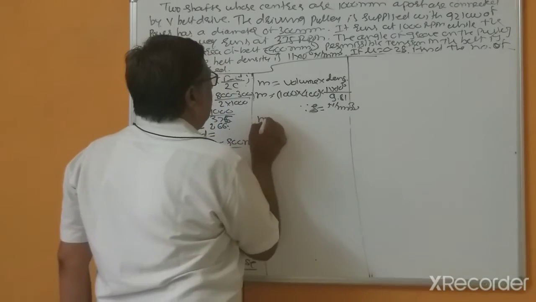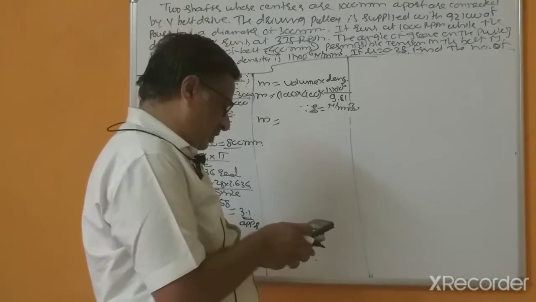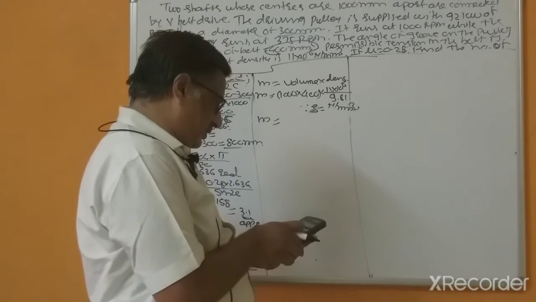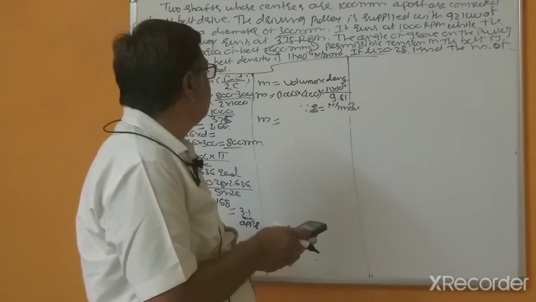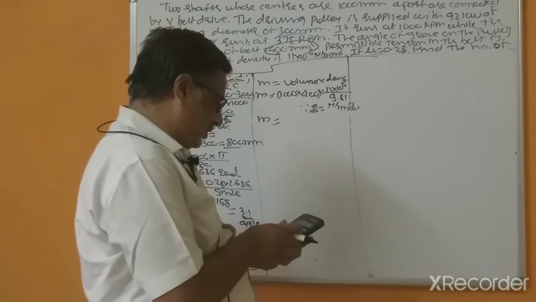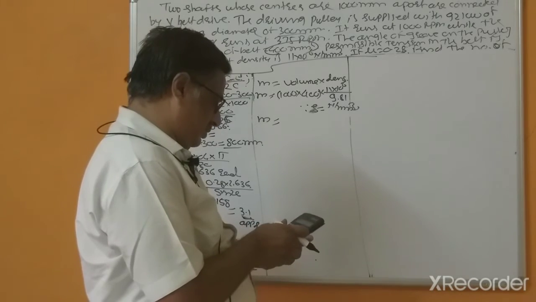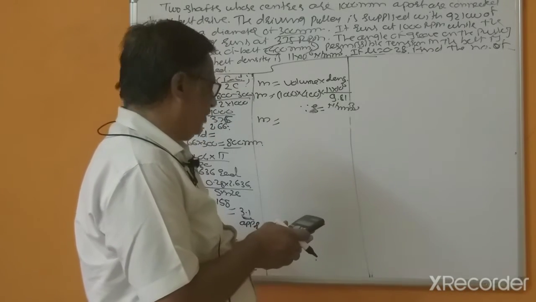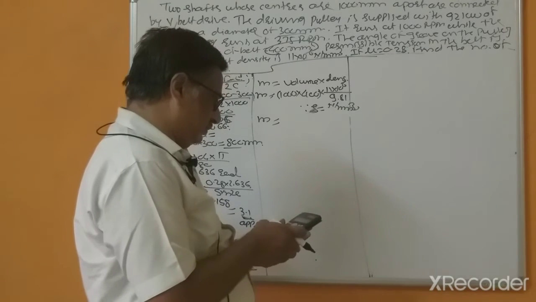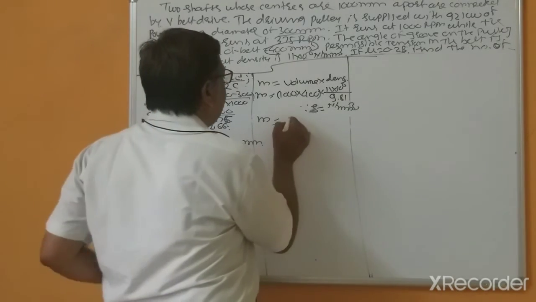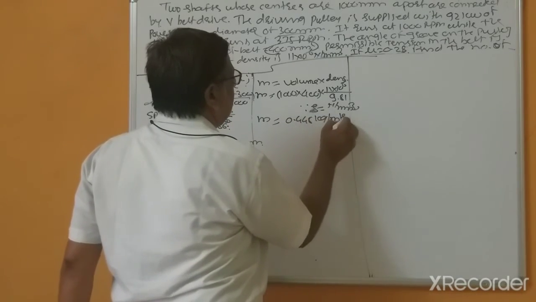So m equal to 11 into 10 to the power minus 6 multiplied by 1000 multiplied by 400 and divided by 9.81. This is equal to 0.448 kg per meter.